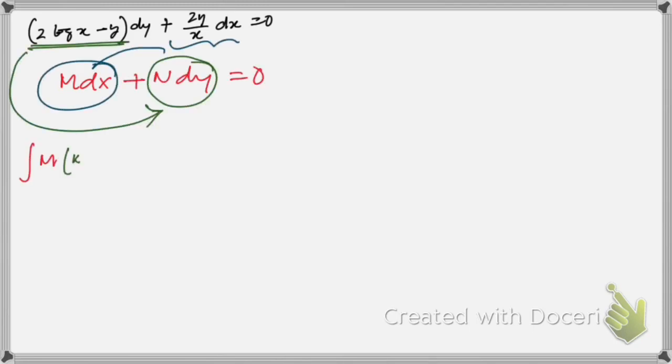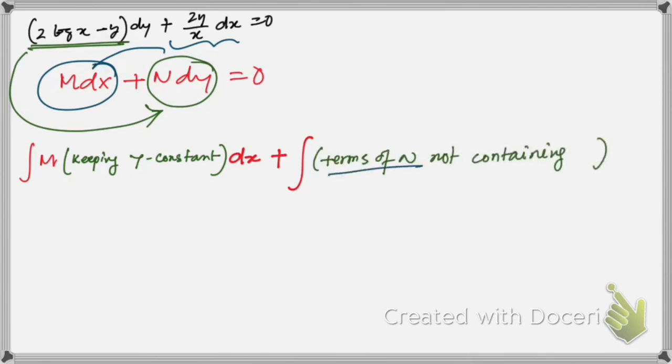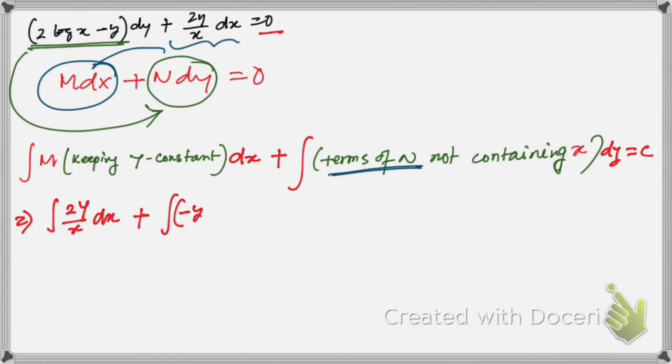So now what we can do, we're going to integrate M keeping y constant, dx, plus then integrate the terms in N not containing x, dy is equal to c, right? So this equation will give you the solution. So here you see what we have got, integration dx by x plus integration minus y dy is equal to c.